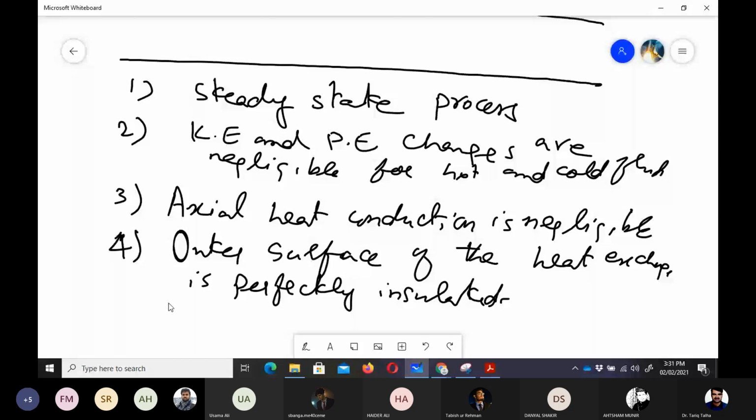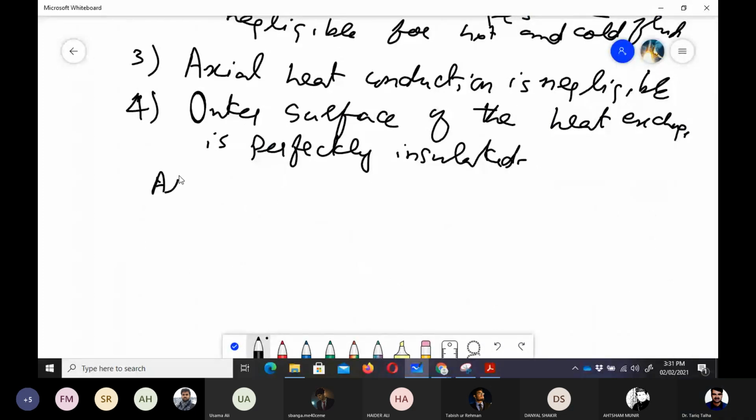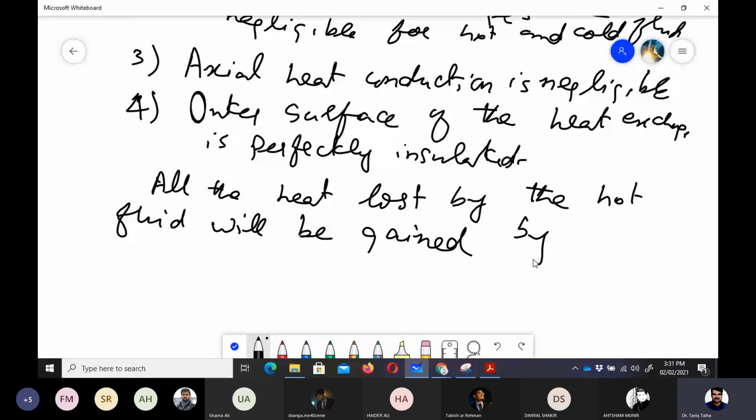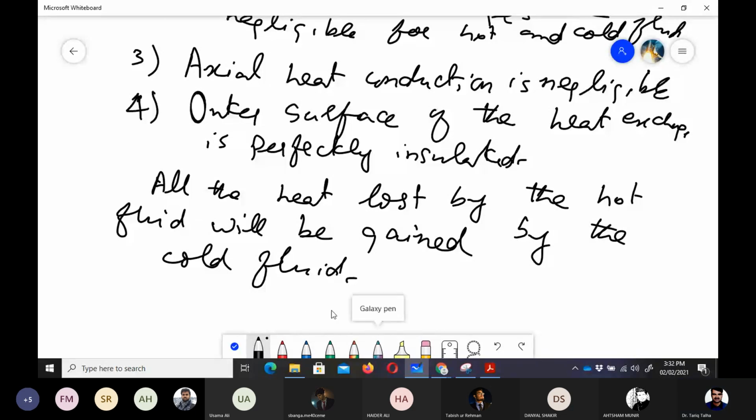It means that all the heat lost by the hot fluid will be gained by the cold. So nothing is being lost to the environment. Okay? So all the heat which is being transferred from the hot fluid is going to be utilized to increase the temperature of the cold fluid.